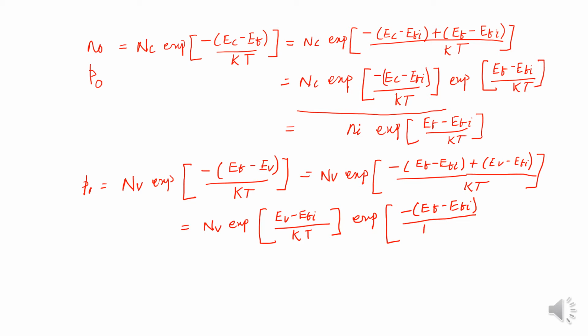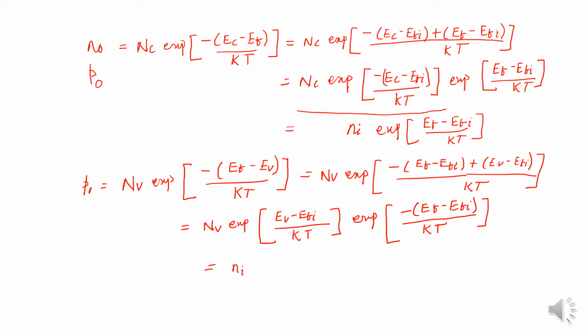So that is Ni, the intrinsic concentration of holes. The intrinsic concentration of holes and of electrons for an intrinsic semiconductor is always the same.